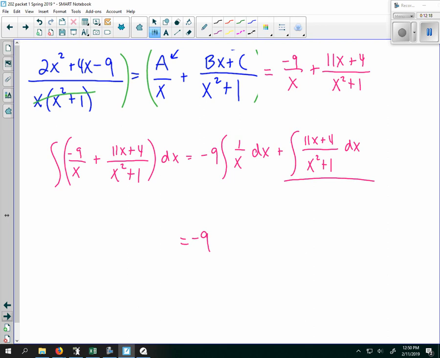Okay, so I have -9 times the integral of 1 over x dx plus 11x over x squared plus 1 plus 4 over x squared plus 1 dx.